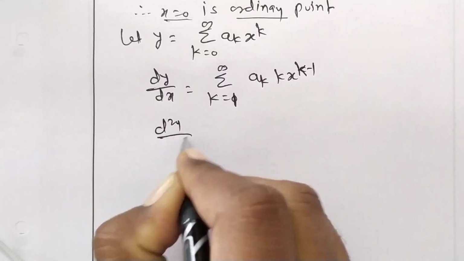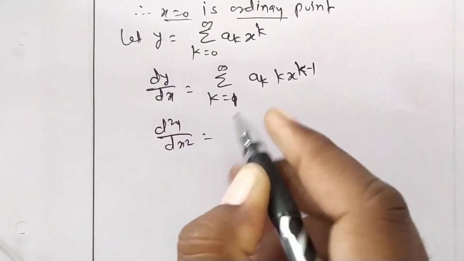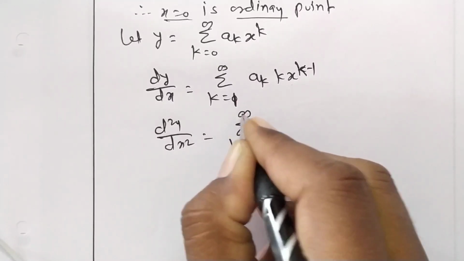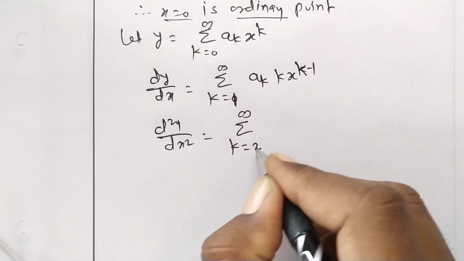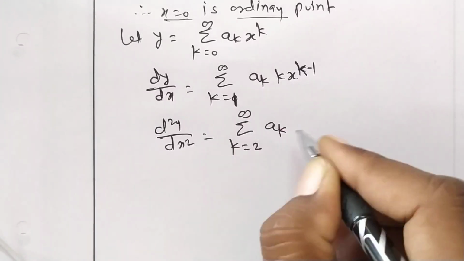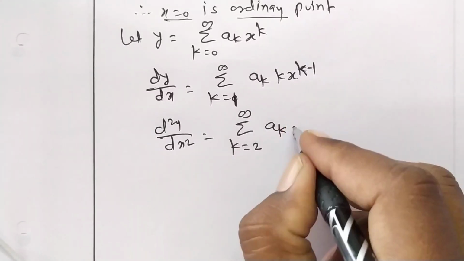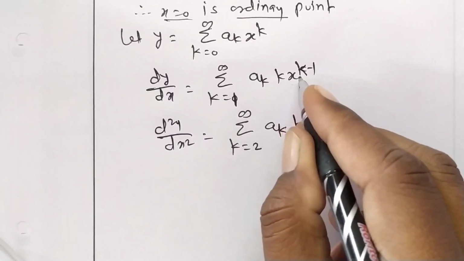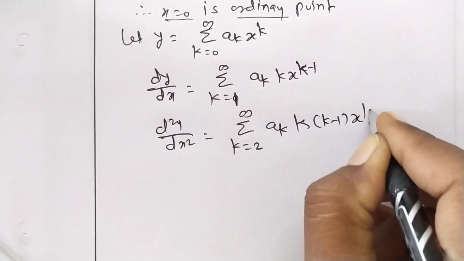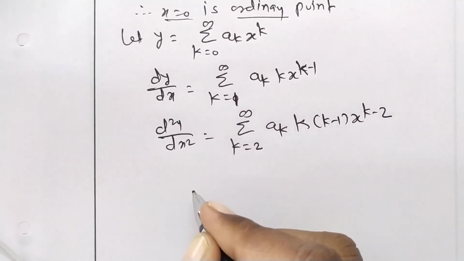Again if we take the derivative, then d2y by dx square is equal to summation of k from 2 to infinity, ak kept as it is, k is also constant, and the derivative of x raised to k minus 1 is k minus 1 into x raised to k minus 2.